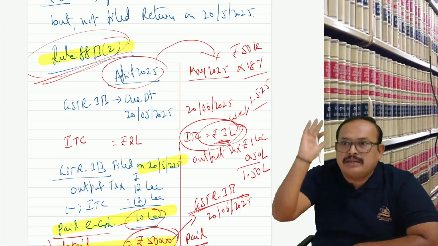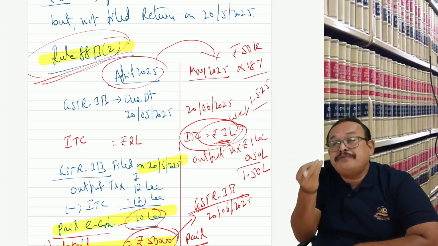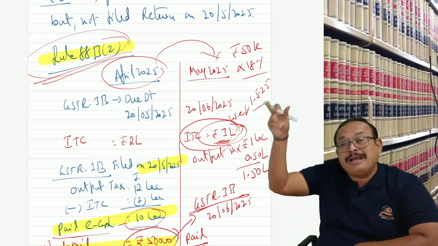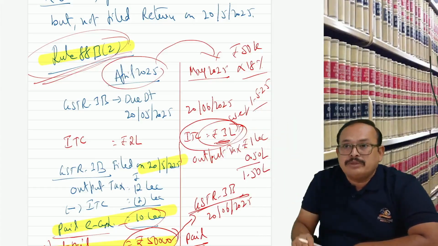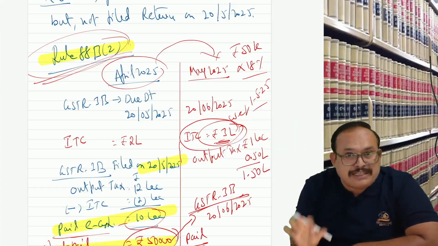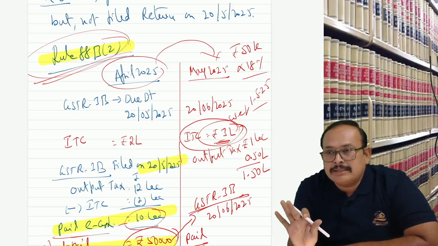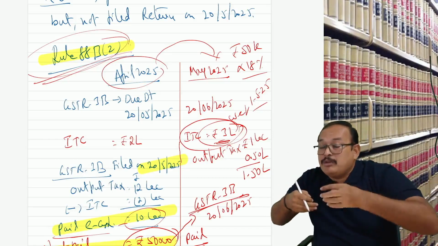And I filed the return also. After that, I came to know 50,000 short paid, which I am going to pay in the month of May return, going to file in the month of June. The gross liability of rupees 50,000 is subject to interest. Is that clear?